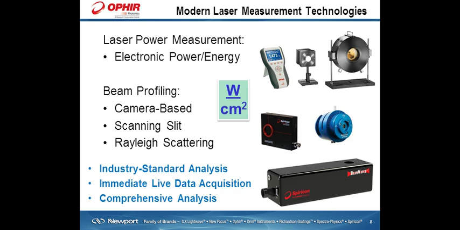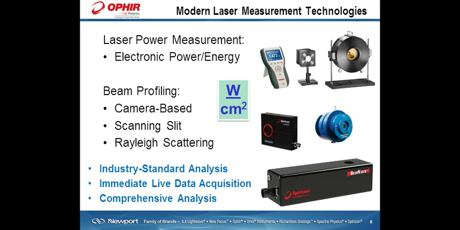Same thing with beam profiling. Most of you are familiar with camera-based beam profiling, scanning slit technologies. These are both ways to get spot size, spot shape information dynamically. So again, if you have any changes in your spot size, your beam waist, these are really the ways to give you that information as far as dynamic changes over time.